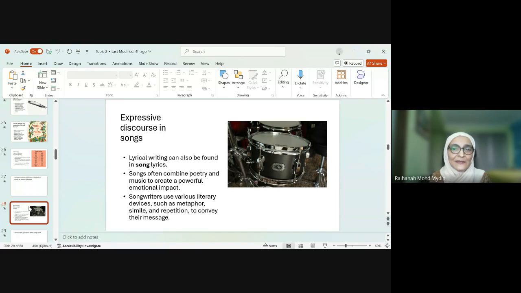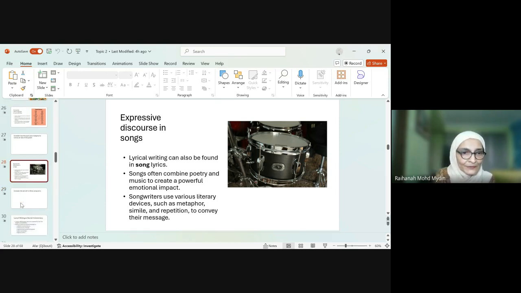Those puzzles may be presented in the form of a metaphor or a simile, or certain words may be repeated in order to convey a message. So the message is not conveyed in a straightforward linear fashion. Rather, it is couched within imageries and symbolisms, right?